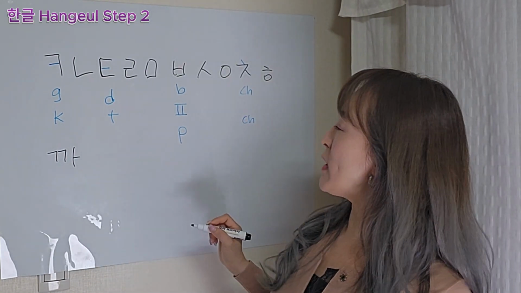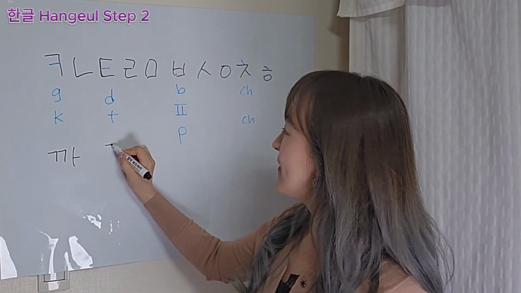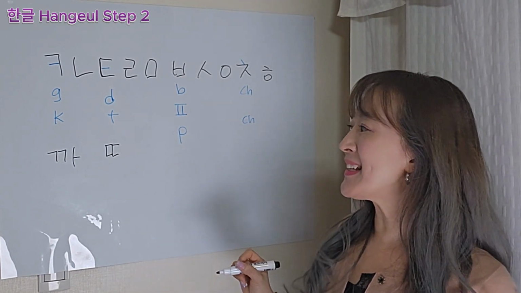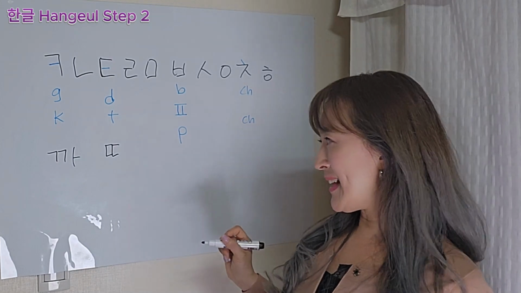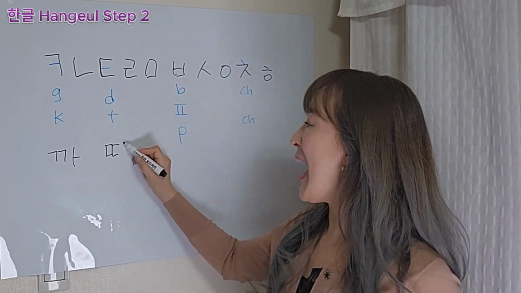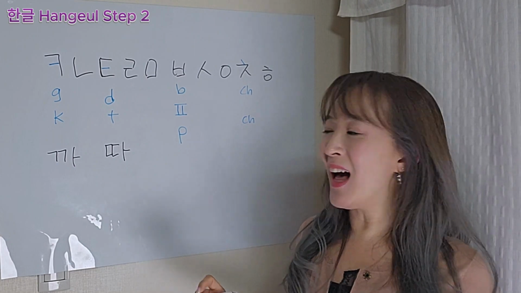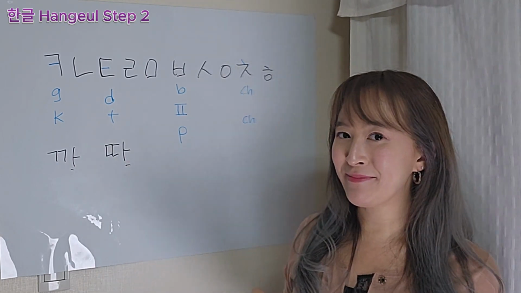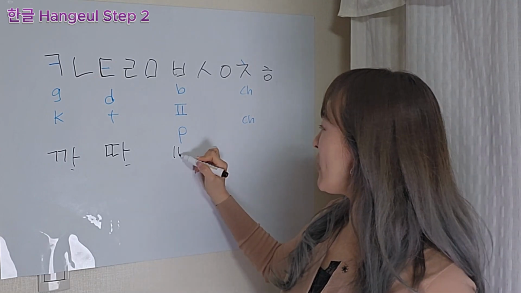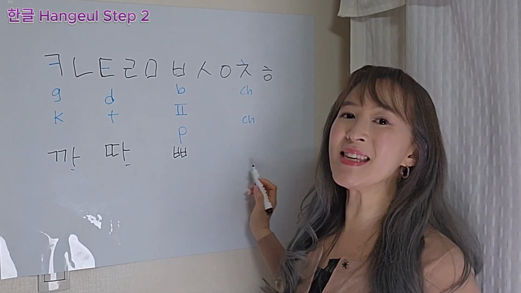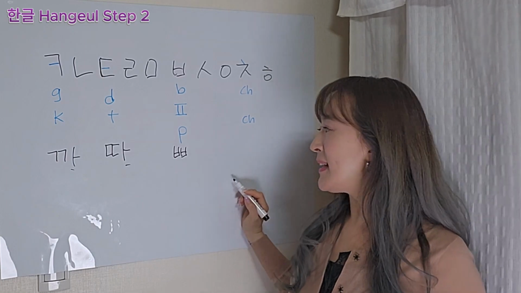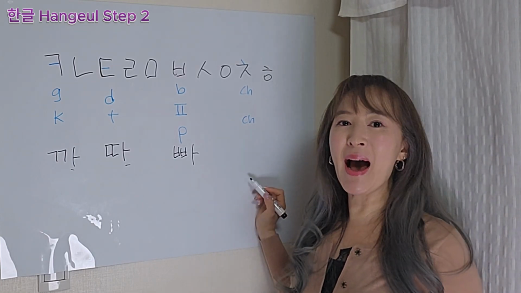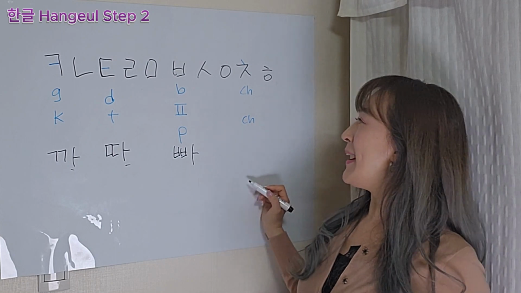And the next one we have is 쌍디귿. 쌍디귿 is da. I'll just keep putting a. So da, da. And the next one we have is 쌍비읍. 쌍비읍 is ba, b sound.